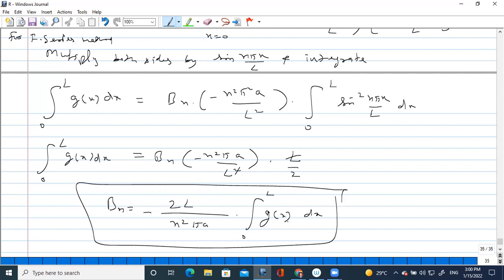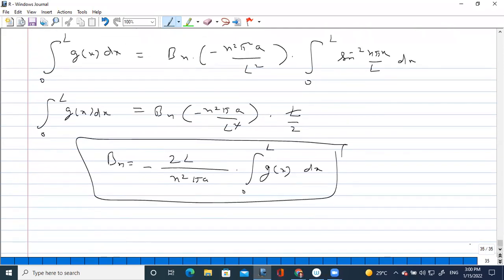So here if g(x) is given, then you can find out the value of b_n because a_n is already 0. If f(x) is also given, then also you can find out the value of this b_n.